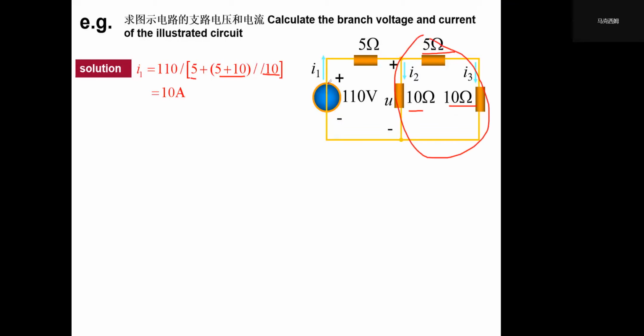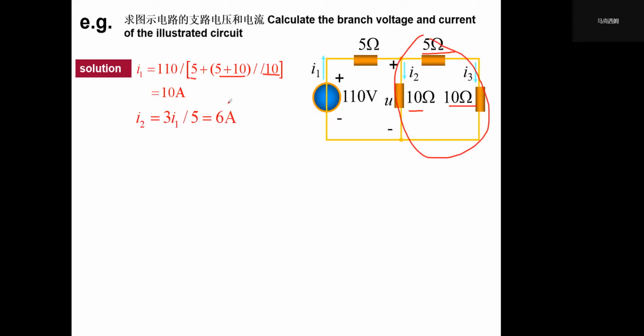So we can calculate the total resistance, and we divide the 110 volts by this resistance, and we can calculate the I1, right?